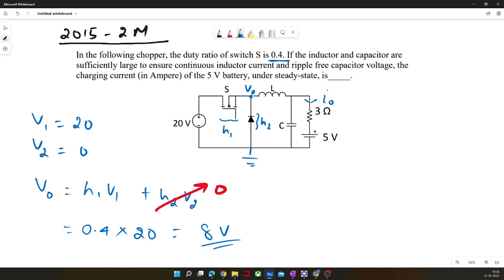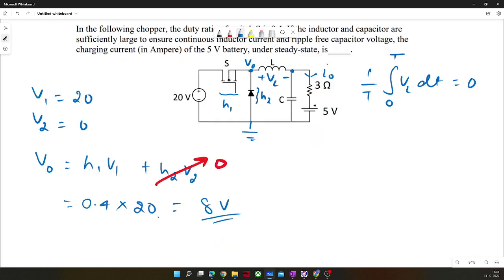And 8 volt here will come out here because the average voltage drop across the inductor is 0. L di/dt would be 0, so 1 by T integral from 0 to T, that's why this VL average drop is 0. Whatever voltage you see here, you will see the same at this point.